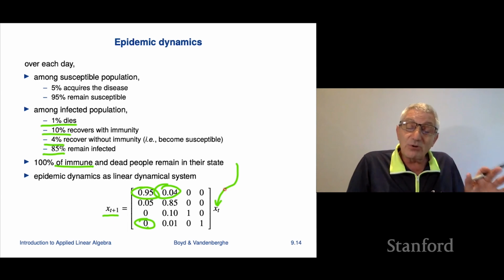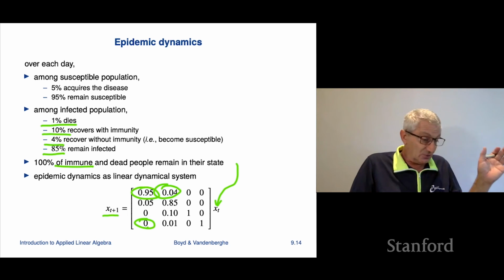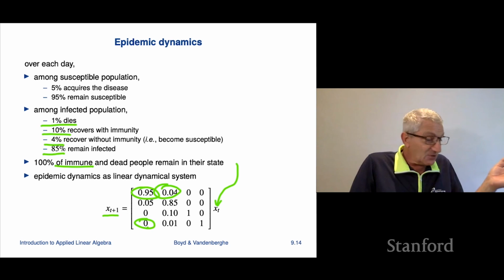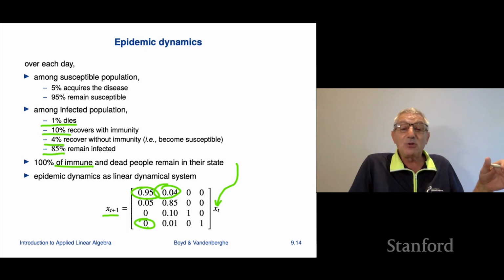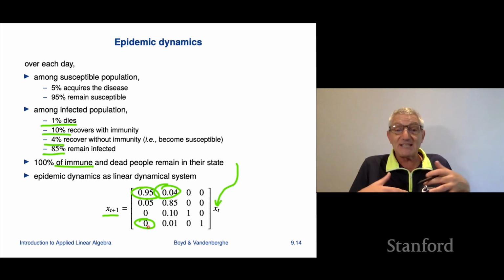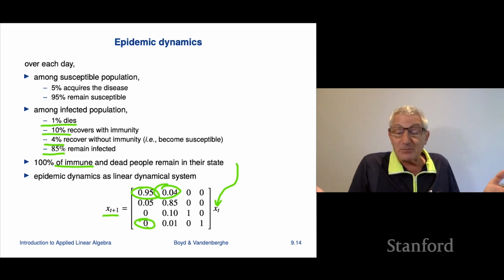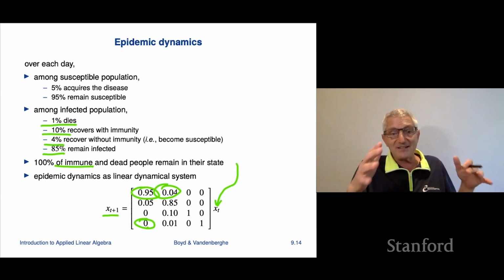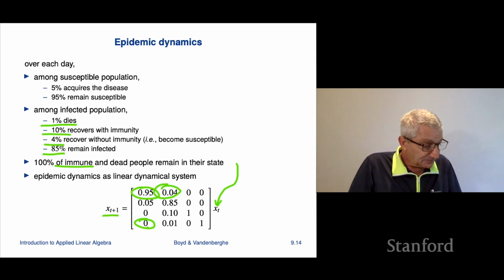Now, in our model, we don't have people going from susceptible to dead. Actually, you could easily. That could be some very small number, and that's people who died not from the disease. So this doesn't have to be 0. It is 0 in our model, but it could be some very small number that tells you about people dying by other non-disease related deaths, right?